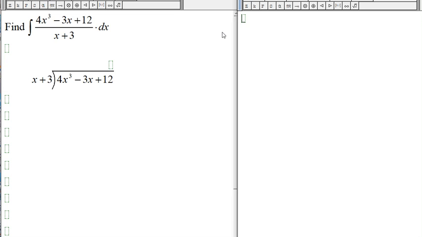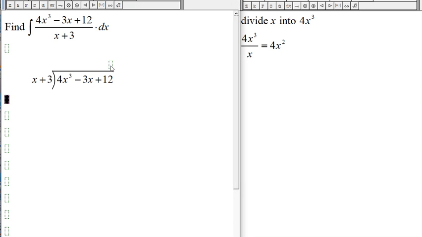And so first, divide x into 4x to the third. We have 4x to the third divided by x, which is 4x to the second. Then we put the 4x to the second right here.